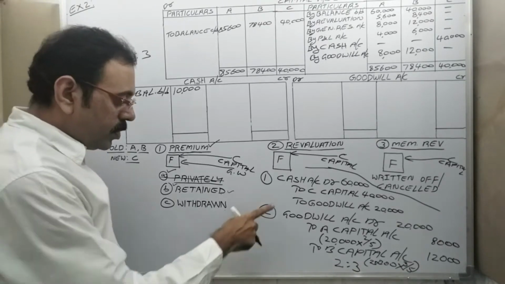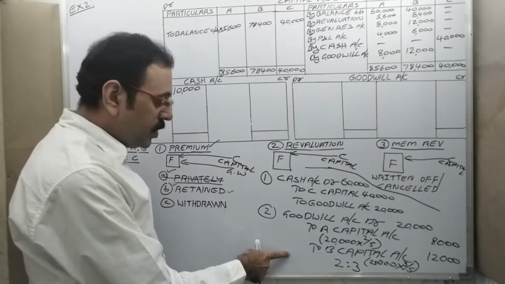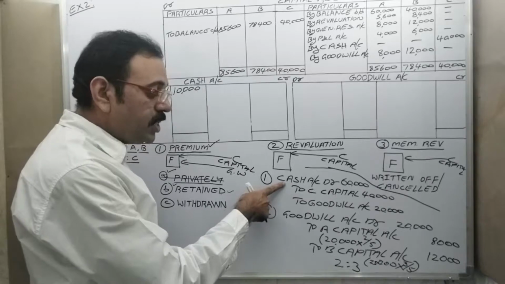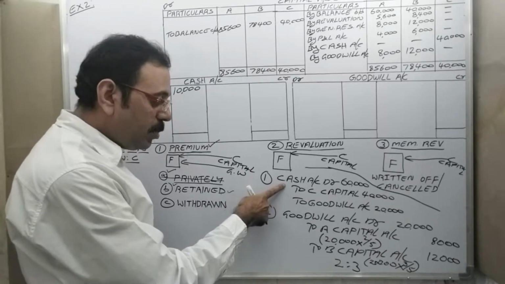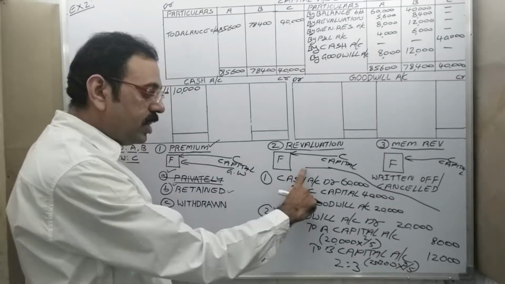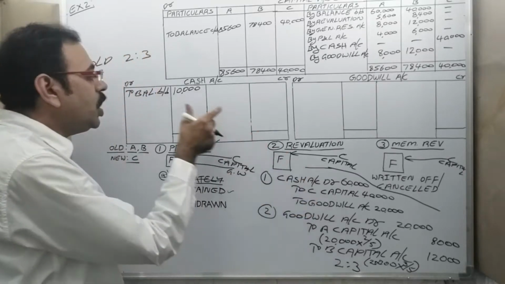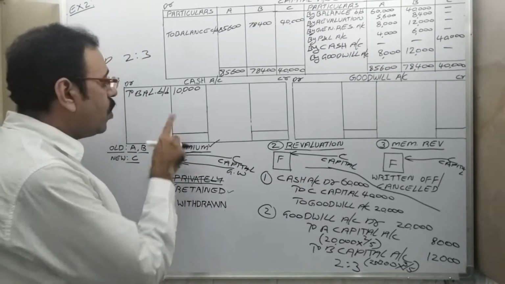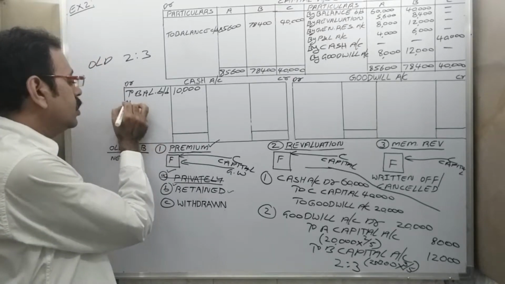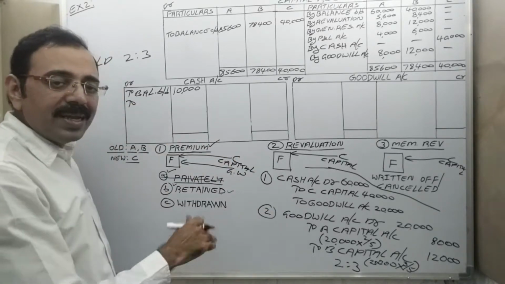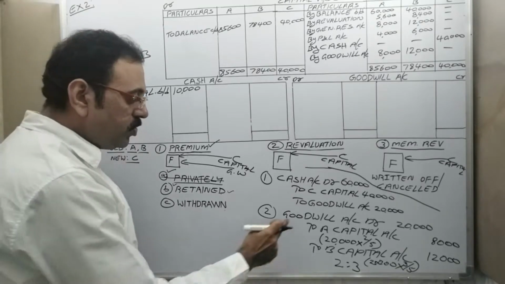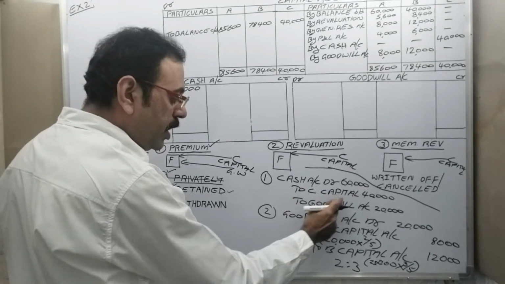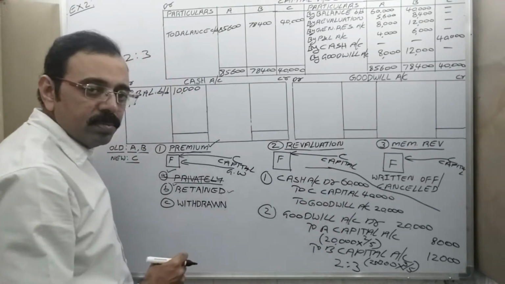Now observe these two entries. In first entry, cash account is there. It is in debit side. Therefore, this entry, debit side of cash account we should post. Now what to write here? Other side, nothing but credit side. Which accounts we wrote? To C capital to goodwill.